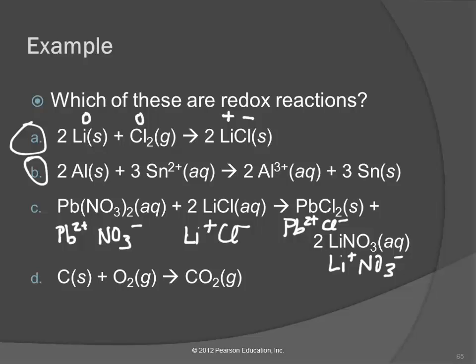So lead and nitrate went to the party together. Lithium and chloride went to the party together. They're friends, but they're not that crazy about each other. But then lead and chloride met at this party, and they're like, oh my goodness, this person's awesome, and they precipitated. Okay, there was chemistry there. They formed a solid. So yes, something changed. There's a chemical reaction here, and poor lithium and nitrate are just left kind of hanging at the party.